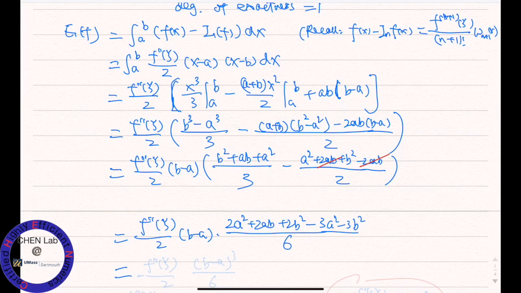So 2a squared minus 3a squared is negative a squared. 2b squared minus 3b squared is negative b squared. And you can complete the square. It's minus (b minus a) squared, the same thing. And then you have b minus a already. So it's negative (b minus a) cubed divided by 6.